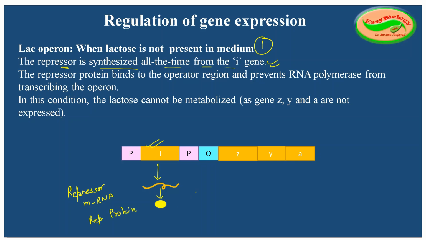Now this repressor protein will bind to the operator region. Binding at the operator site will stop the transcription, meaning the transcription process will not initiate. So the transcription of these genes will not take place and the lactose cannot be metabolized.